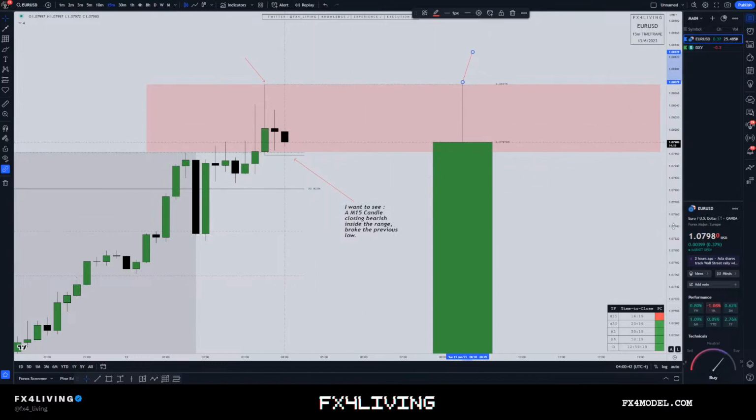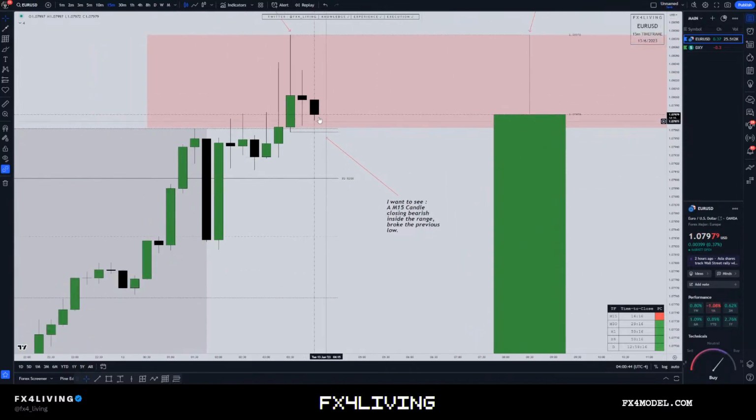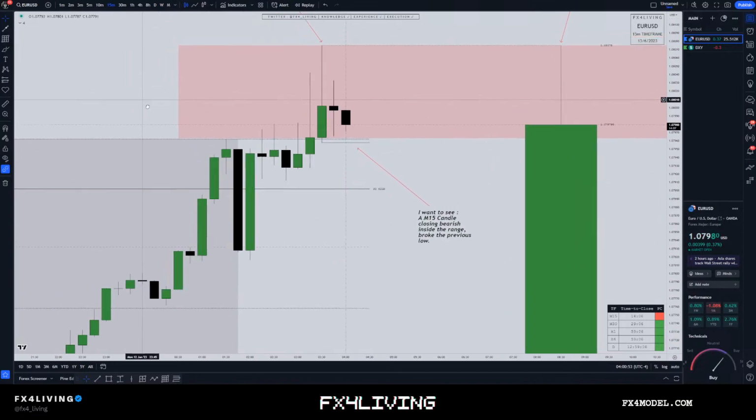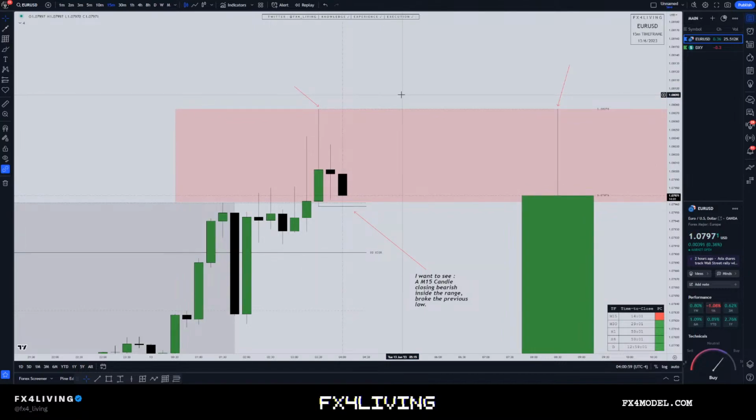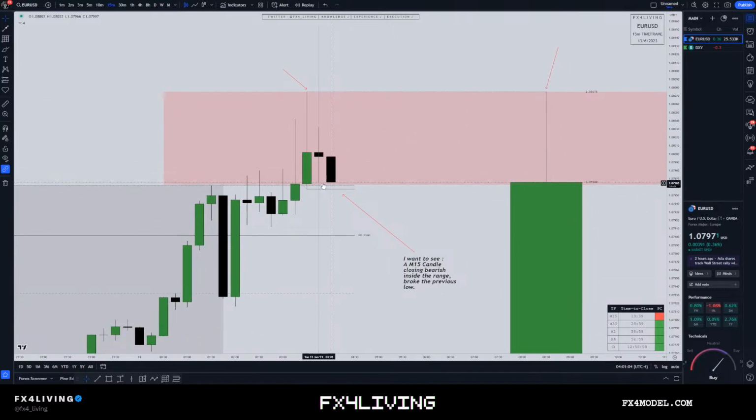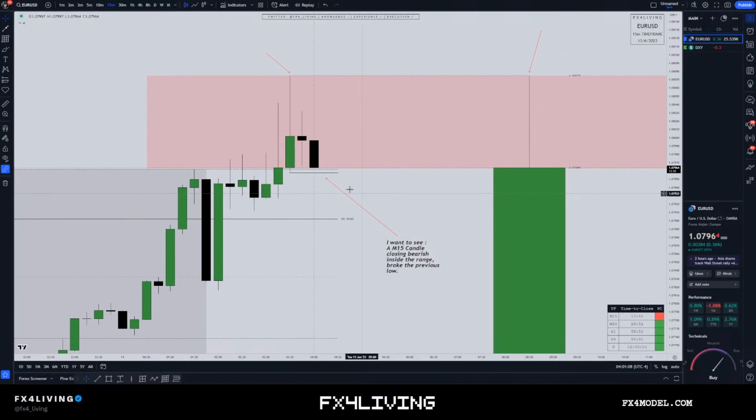What I would like to see now is this low broken here, just to prove to me that we want to go back inside this range. This might be your high of the day, because your high of the day is always inside a manipulation in the London session, and that was the last 15 minutes of the Silver Bullet.